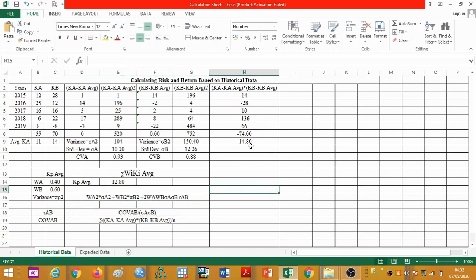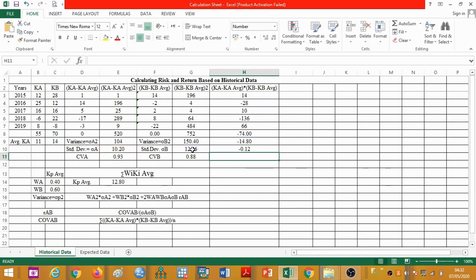For correlation, we need to divide the covariance of A and B by the standard deviation of A and the standard deviation of B. So the next calculation, I'm not writing the symbols here, will be the correlation coefficient between security A and security B, which is equal to this value divided by the standard deviation of A, which is 10.2, multiplied by the standard deviation of B. But remember, when I put the bracket, it means these two values will first be multiplied with each other, and then minus 14.8 will be divided by the product of it.